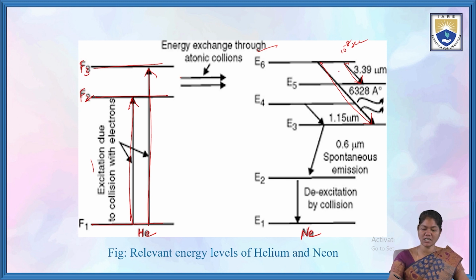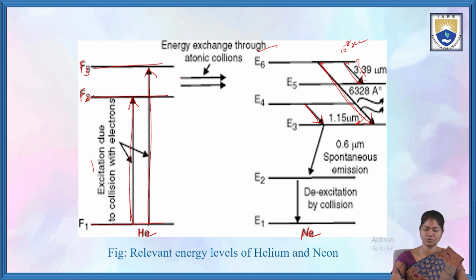So here the E6 to E5 has the wavelength 3.39 micrometer. E4 to E3, the wavelength is 1.15 micrometer.